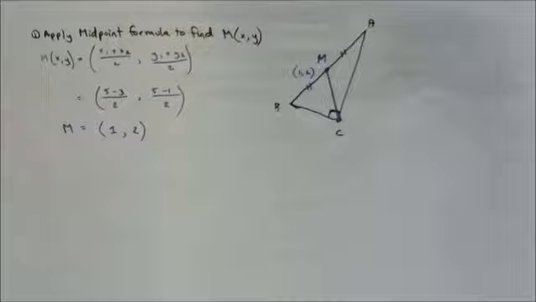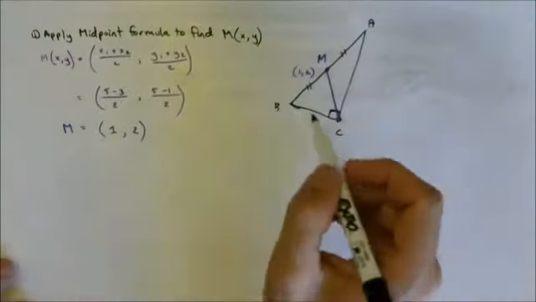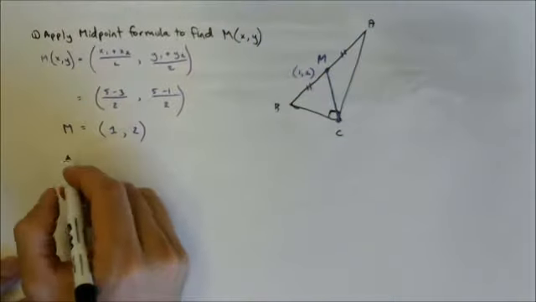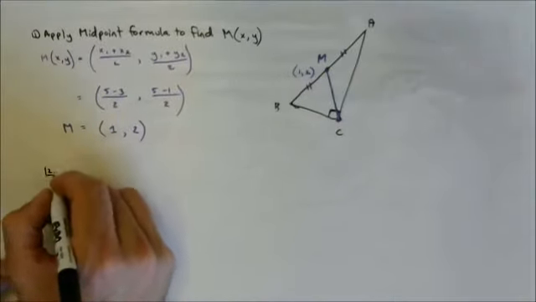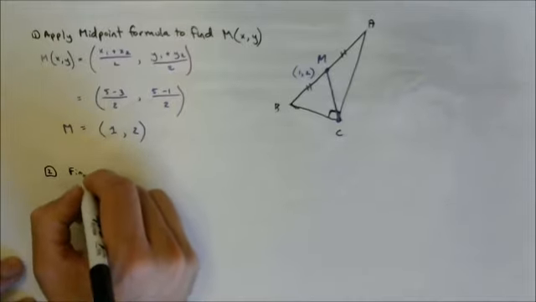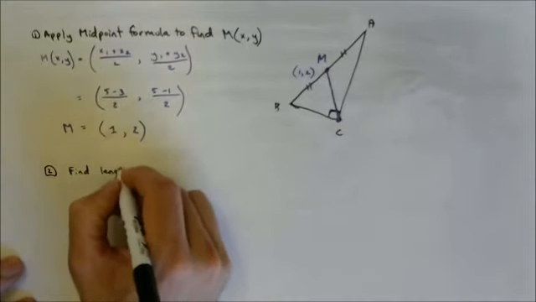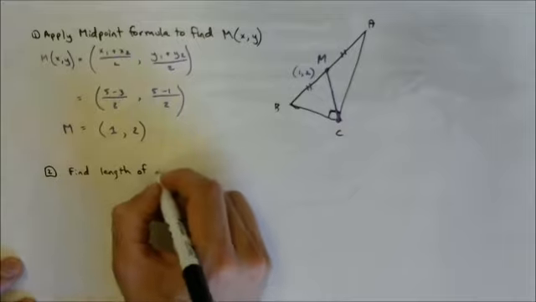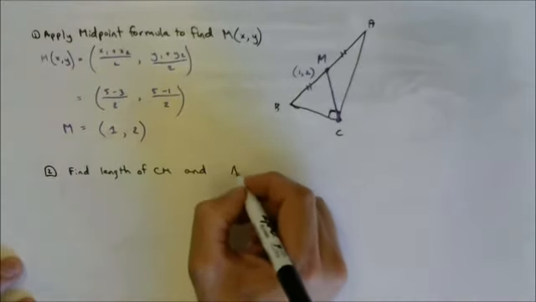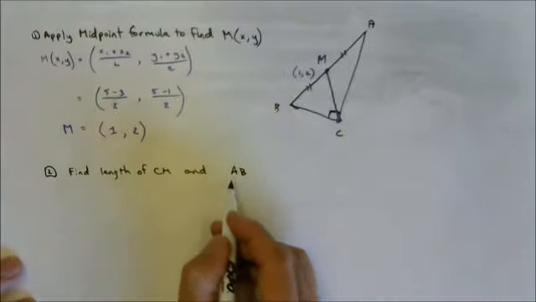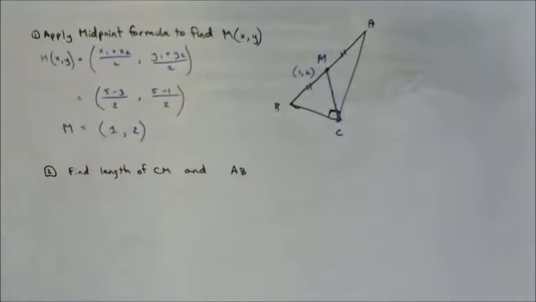And now we can do two things. We can find the length of CM. I'll just put a little note here: find the length of CM and AB. We don't have to find AB because we already found it last example. Okay, we already did that. We found out that it's 10.